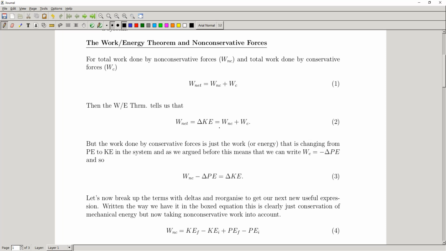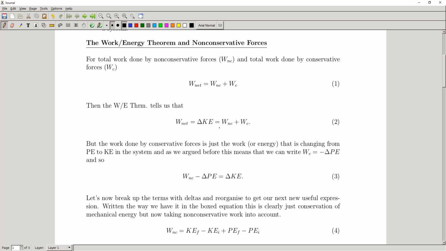But what we did before, in the last video, we were talking about how the work done by conservative forces is just the work or the energy that's changing from potential to kinetic energy, or vice versa, like we're changing our, say, gravitational potential energy into kinetic energy.